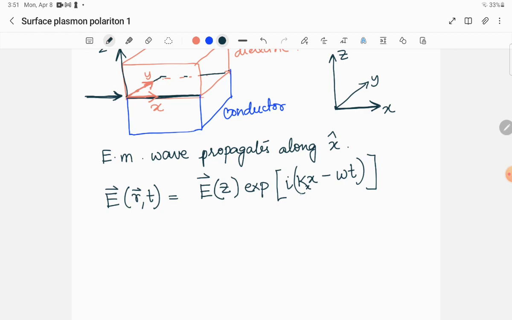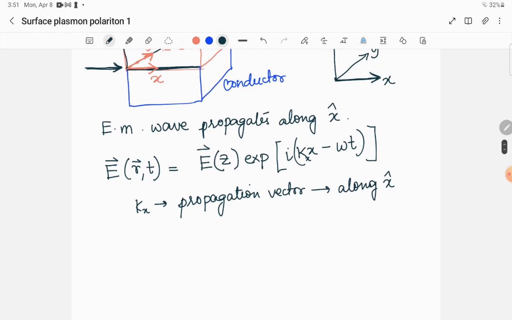Here kx is the propagation vector or wave vector, along the x-axis because the wave is propagating along x, and omega is the frequency of the light field.